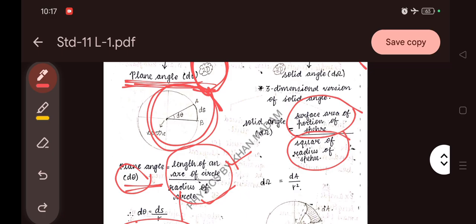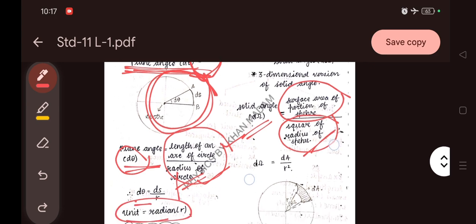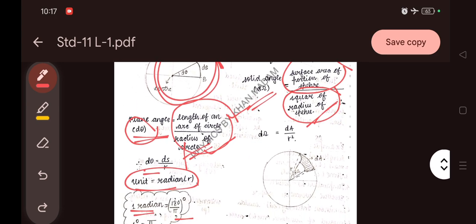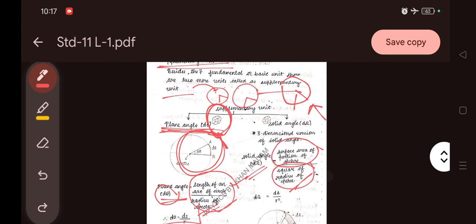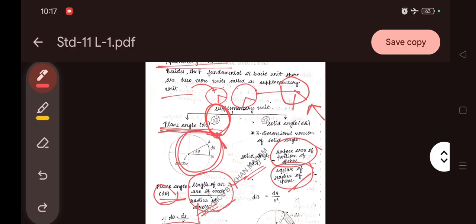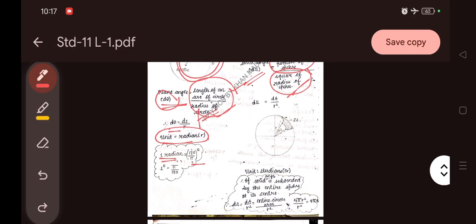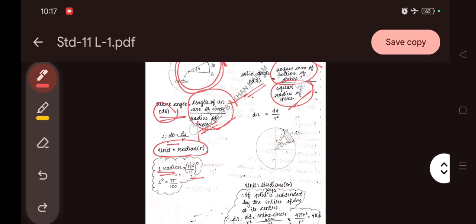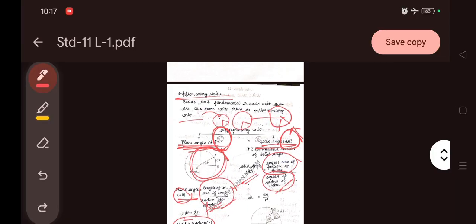Now you have to make sure of one thing: when we were discussing the plane angle, we were considering only the radius of a circle, but when considering the solid angle, we are considering the square of the radius. So the formula changes to d omega equals dA by r square. So you have defined supplementary units: in 2D, plane angle, and in 3D, solid angle, which is denoted by d omega. Okay, so this is how we have studied types of units.